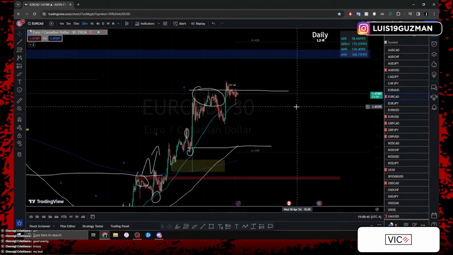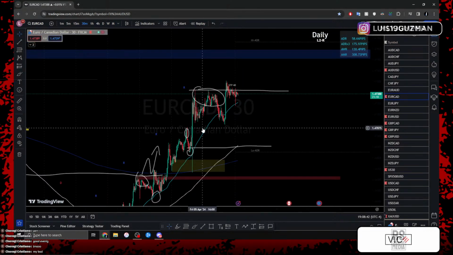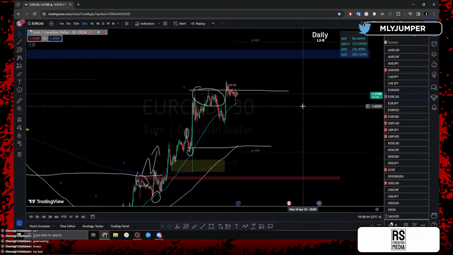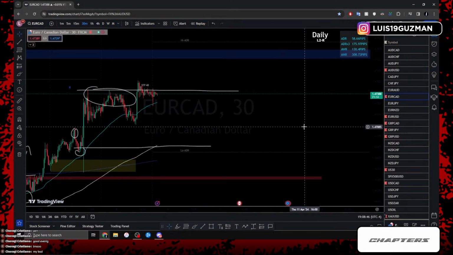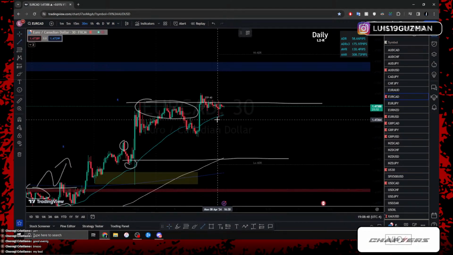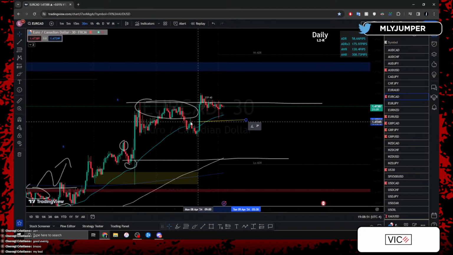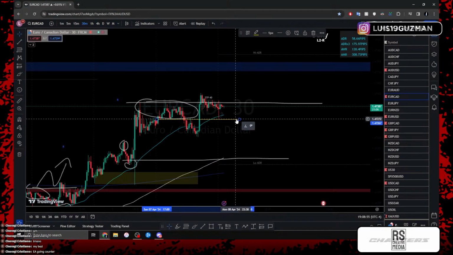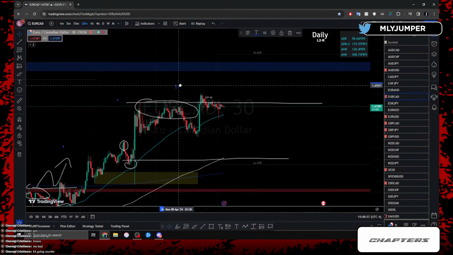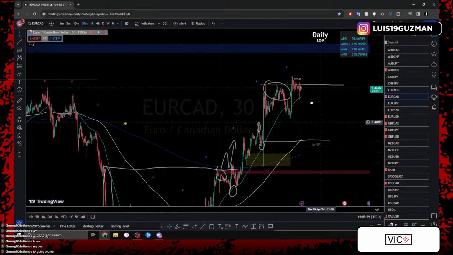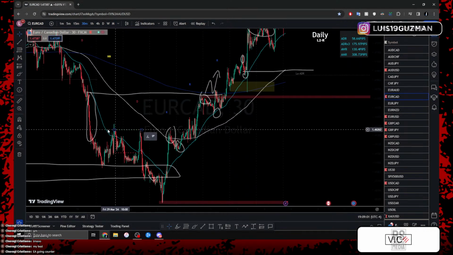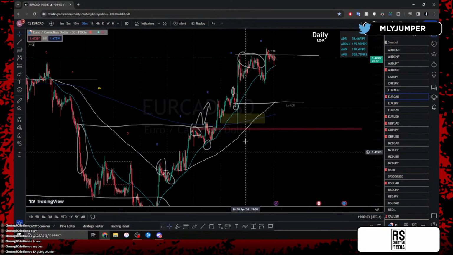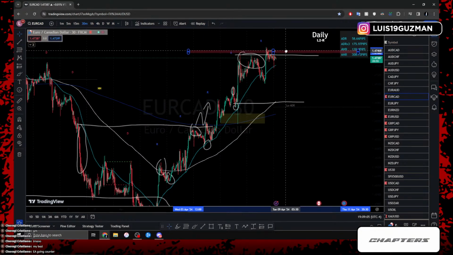ECAD right now we have a slight day of rise, super close. We could argue and say that this is a no net just because of how close it finished, but we are gonna say it's a rise just for the sake of it. We're still in the same higher high, still within the same trades. We had this change of character, and price never gave us a slight pullback until here.